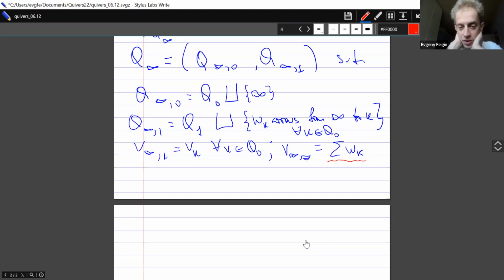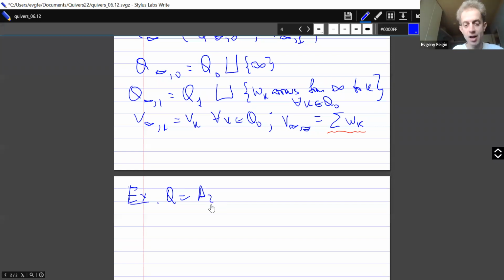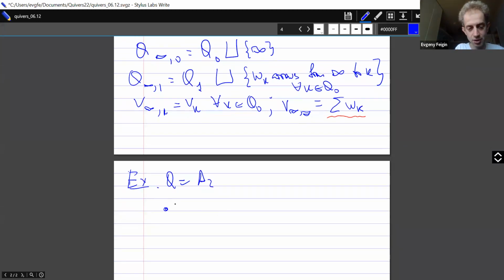So you see, we have WK arrows. Maybe I draw a picture to make it more clear. For example, say Q is A2. Then we have two spaces, V1, V2, and this is the map here. And then in principle, we have here W1 and W2.